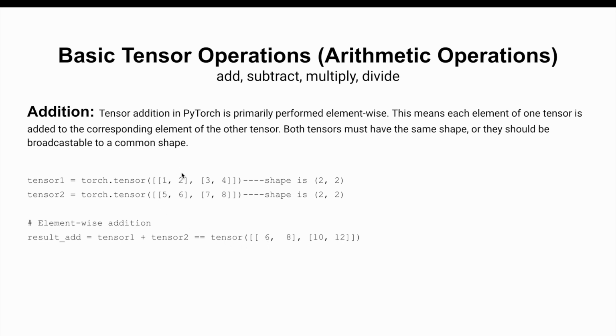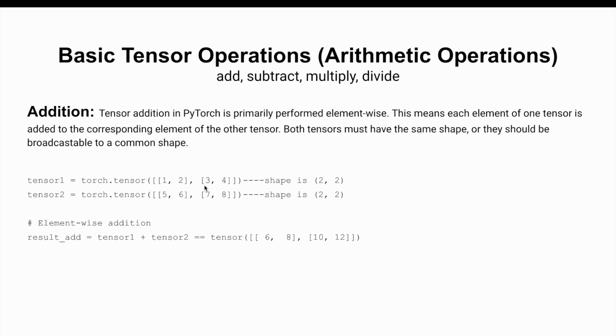Then we go to the second element in the first row of each tensor, and we have 2 plus 6 is 8, and that is the addition for the first row of the tensor that we have here.